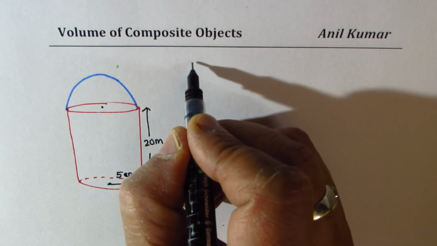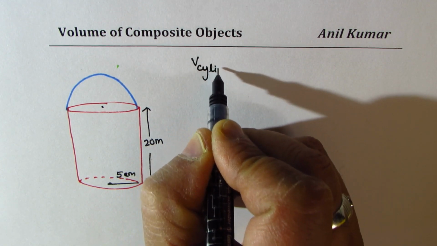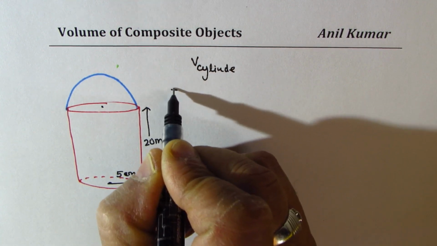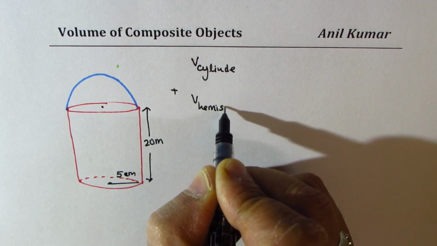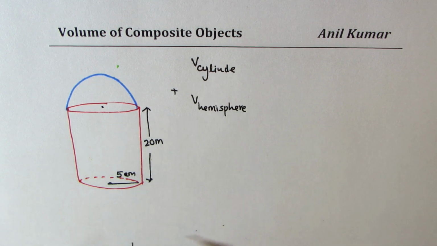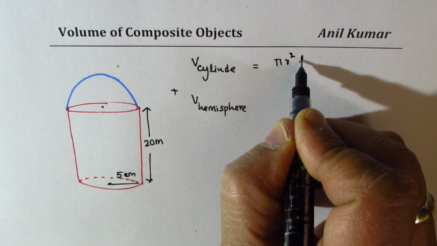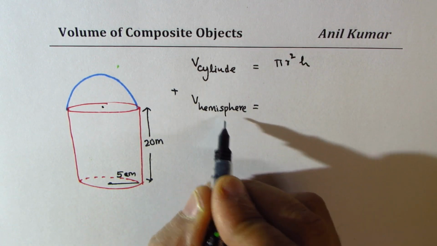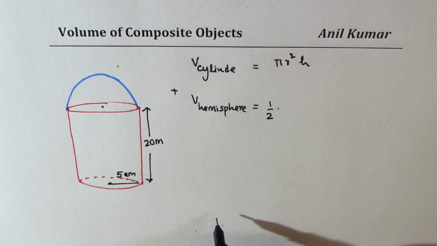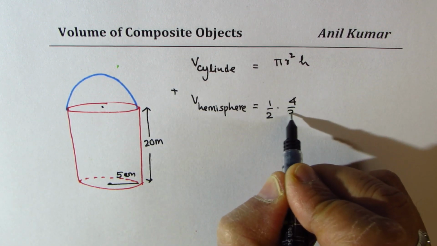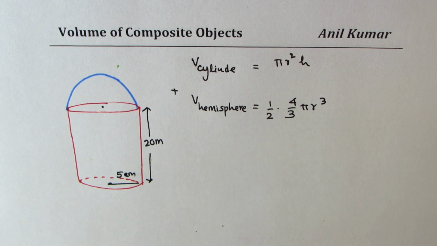So in this case, you'll add the volume of cylinder to the volume of hemisphere. Correct? Volume of cylinder is pi r square h, and volume of hemisphere will be half of the volume of the sphere, which is 4/3 pi r cube. So that becomes your basic formula.